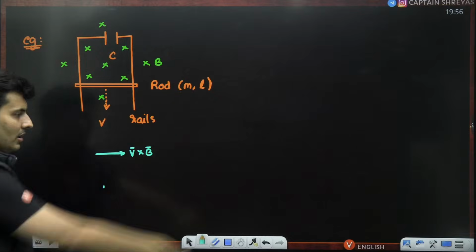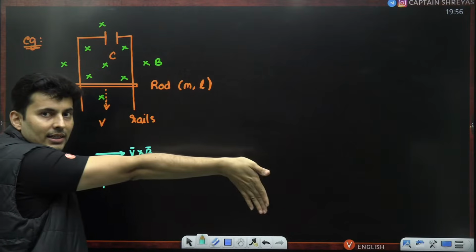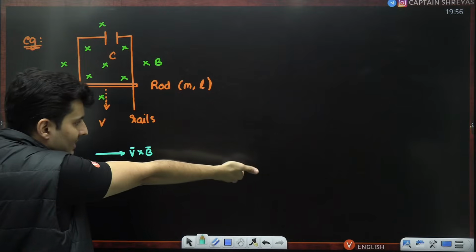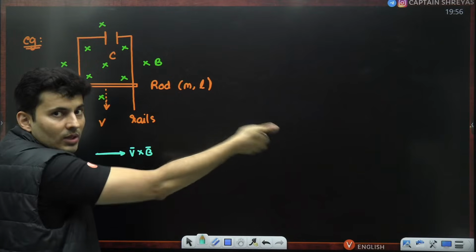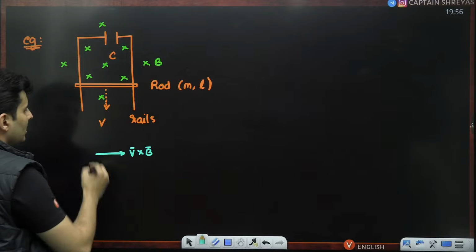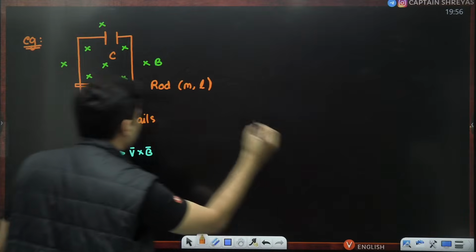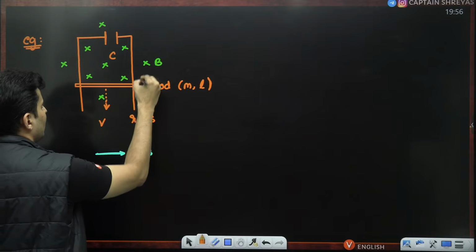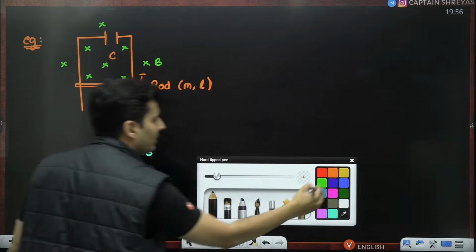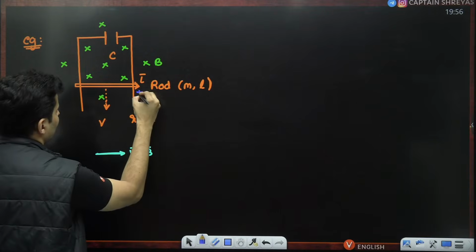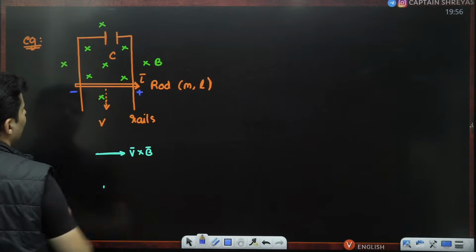Just check this out. Take your right hand, velocity is down, magnetic field is inside, the thumb goes towards your right side. So that means my length vector also has to be chosen in this particular direction.